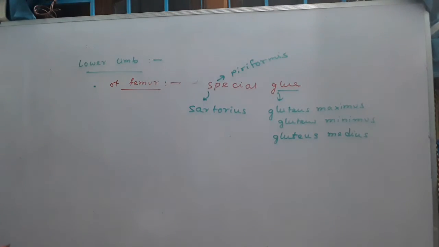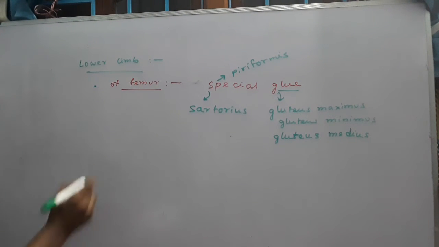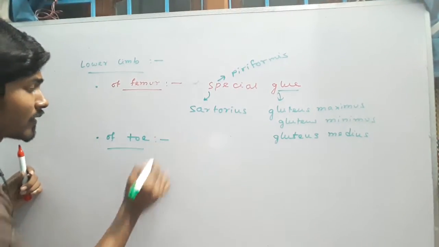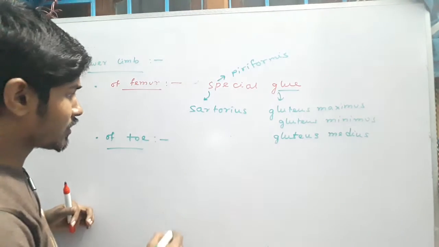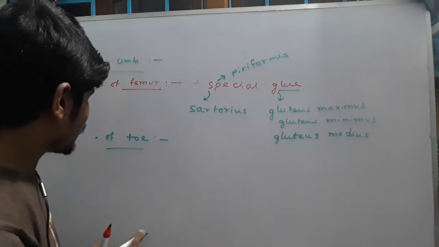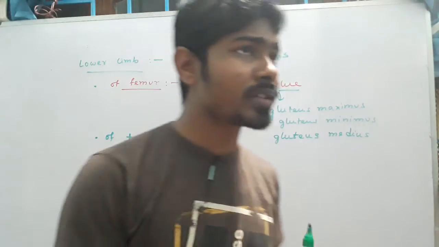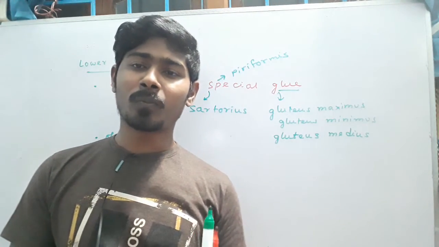And now we will be talking about the toe. How can you remember the abductor muscles of the toe? For this, just for example, I am giving you a very important example. Suppose a person cannot count his toes, okay, and so people call him dummy.